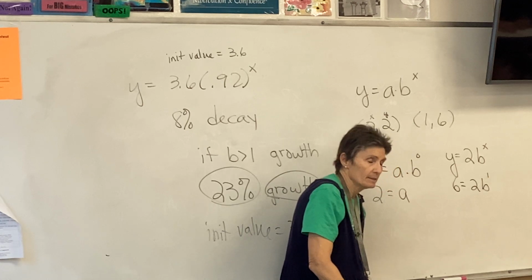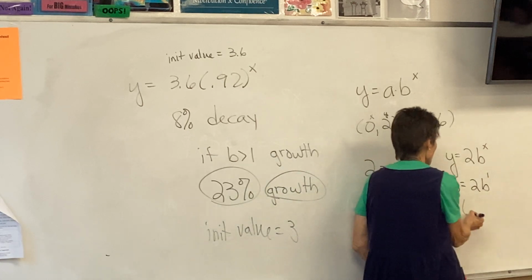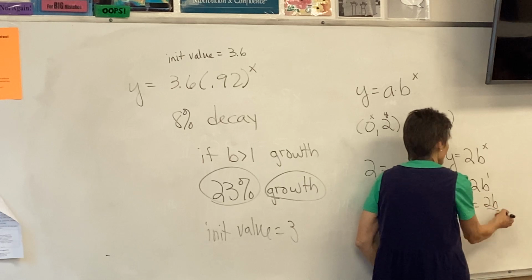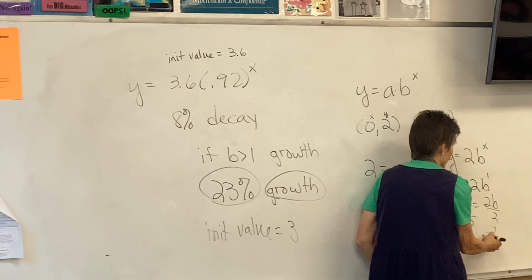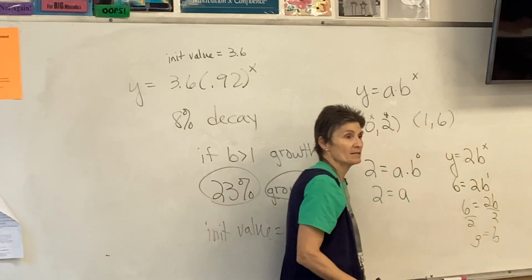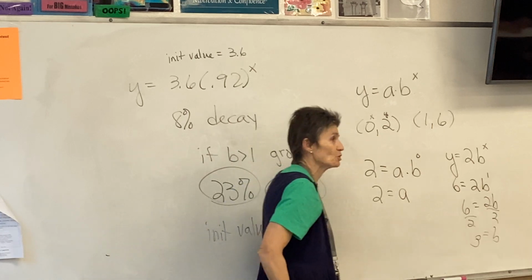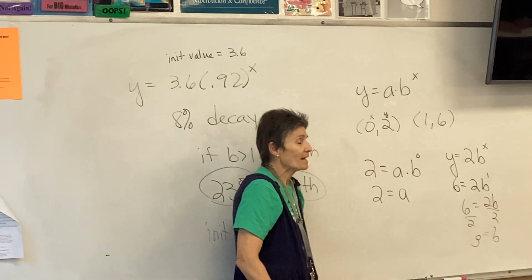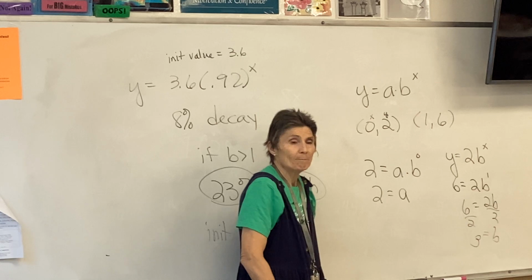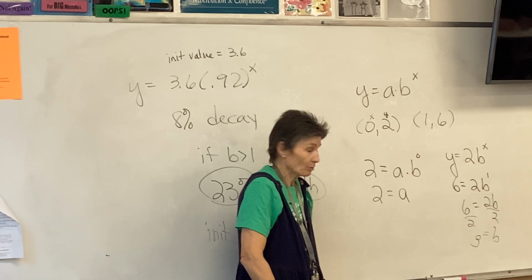Exactly. You guys, this is the equation 6 equals 2b. You need to be able to solve that equation. No ifs, ands, or buts, no sympathy. I shouldn't have to show you that. That is like a first grade equation. B equals 6 divided by 2, or 3.